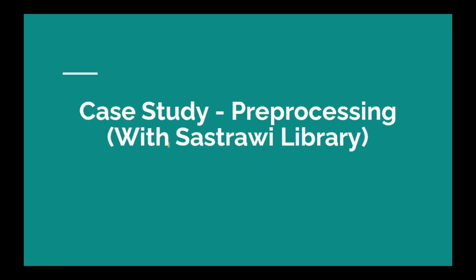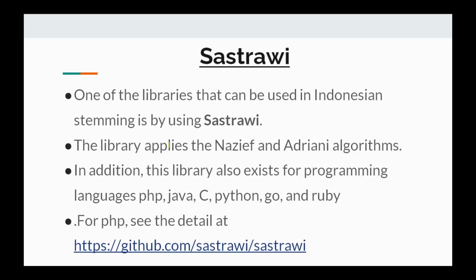Next, the pre-processing implementation. In this video, I will explain how to use the Sastrawi library for tokenizing, case folding, stemming, and stop words. Let's look briefly at Sastrawi. Sastrawi is one of the libraries that can be used for Bahasa, or Indonesian, stemming.